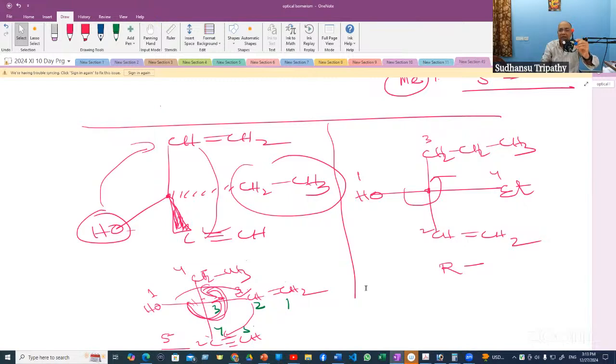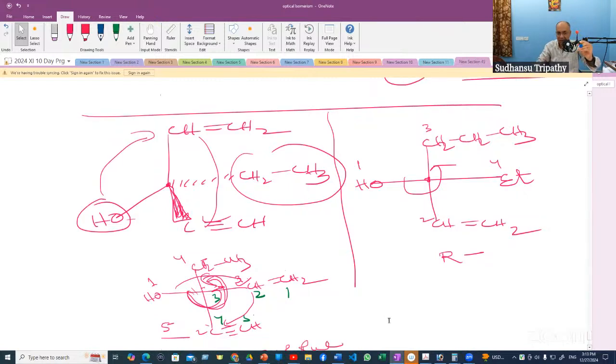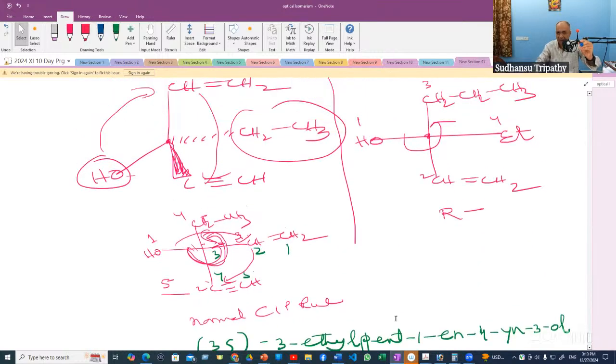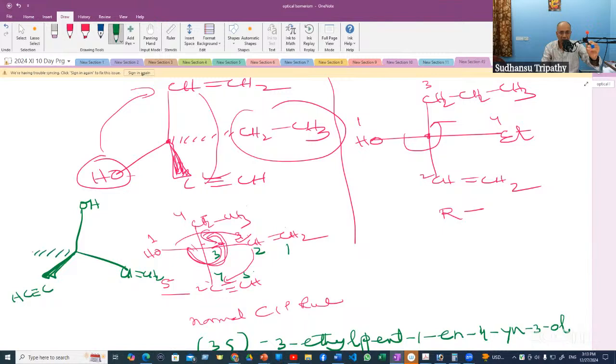So that means she has done like this. She has brought OH here and then vinyl here. And the group which is above the plane is the same, which is correct, and the one below the plane is ethyl. That means C, then number 1, number 2, number 3, number 4.